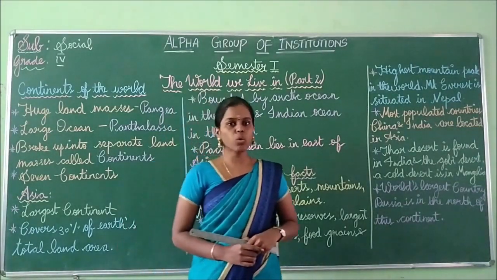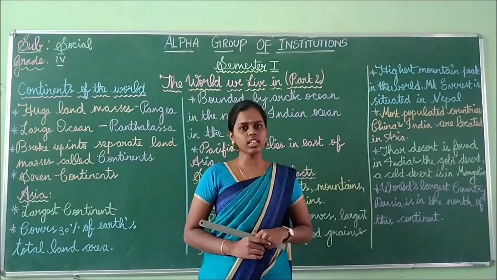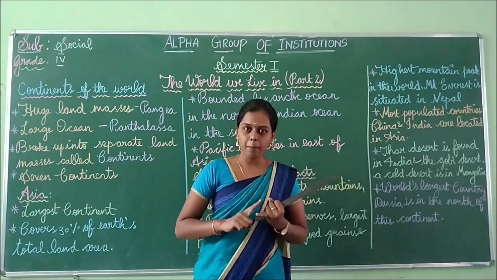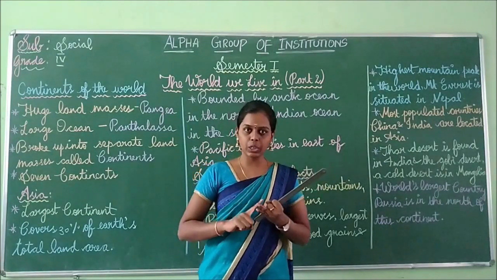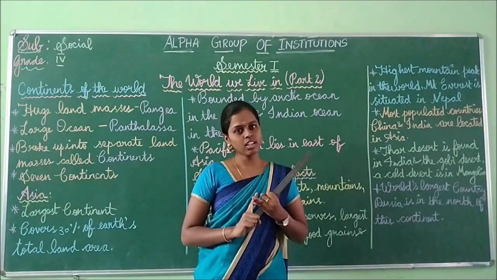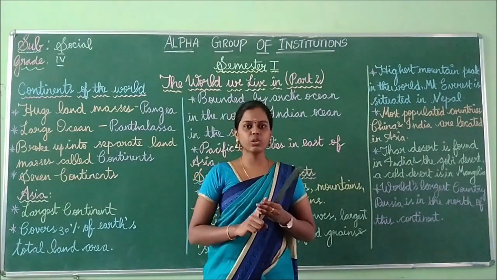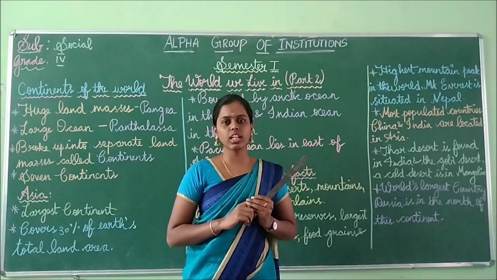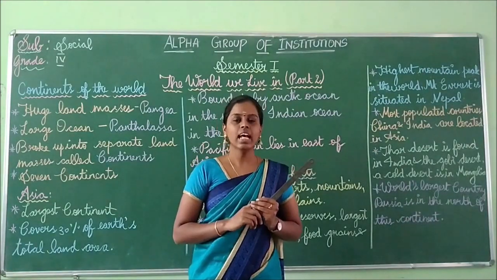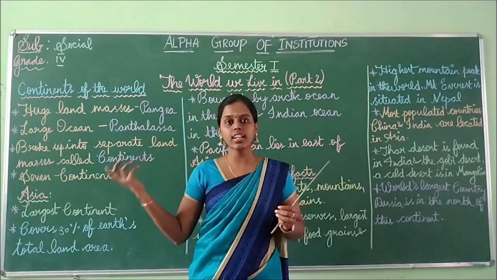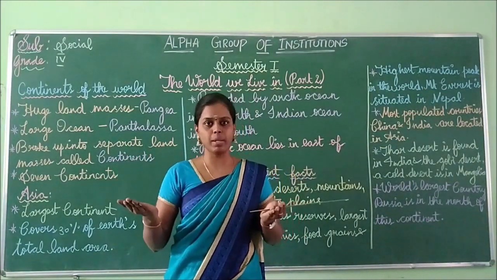Do you all remember what we have seen in the last class, children? Yes, we have seen about the map and then globe, then latitudes and longitudes. What do you mean by map, children? Yes, it is a graphical representation of our Earth's surface on a sheet of paper.